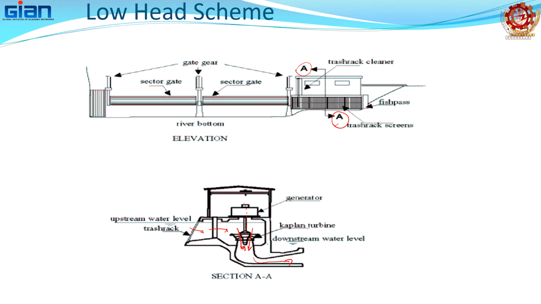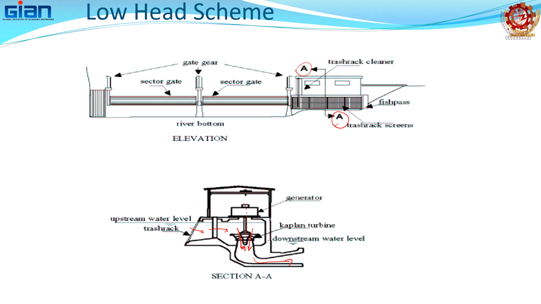There are power plants which have a penstock and then end up in a Kaplan turbine, but the penstock will be slightly bigger, and also it is low pressure, because low head means low pressure.